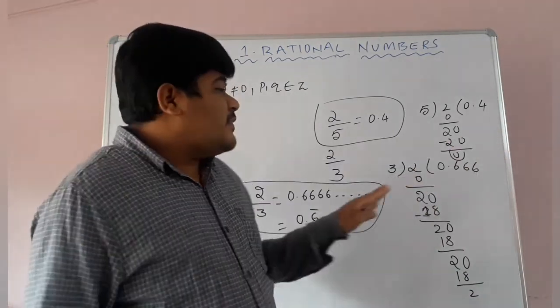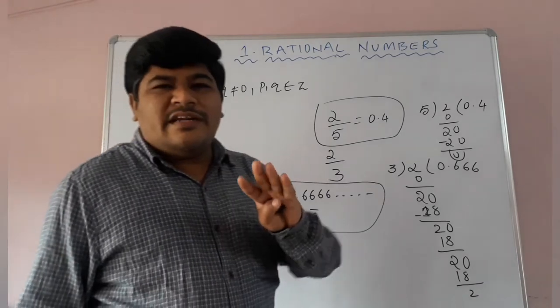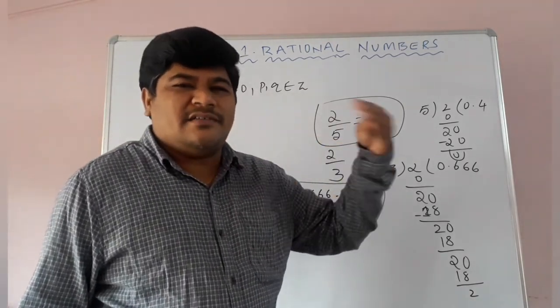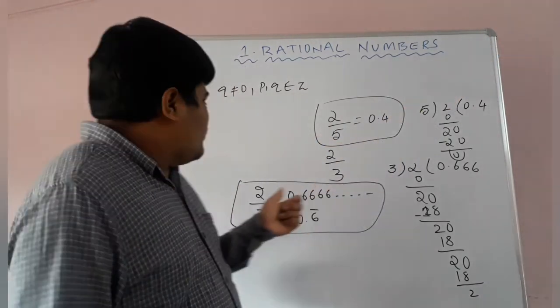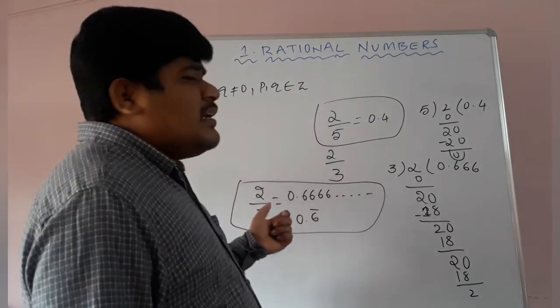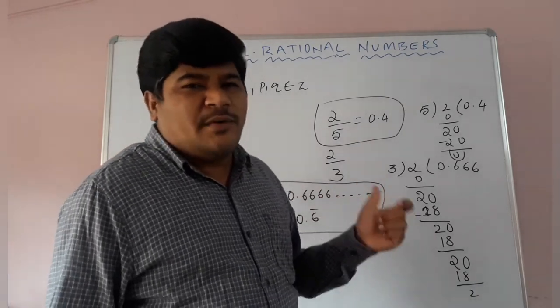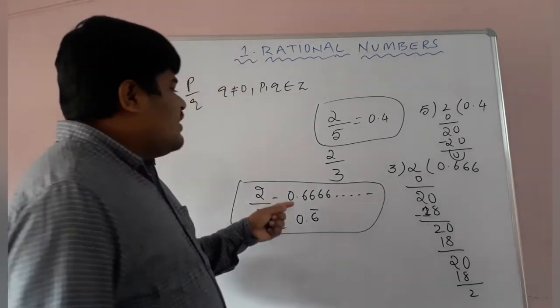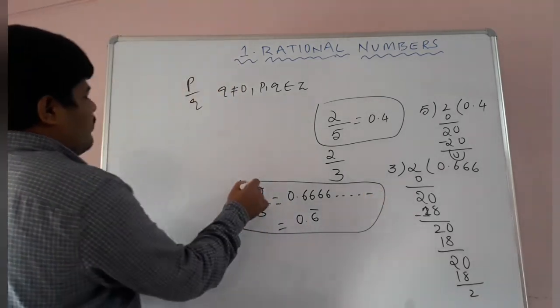0.6666, if you see this, is non-terminating and recurring. 6 is repeatedly coming, 6, 6, 6, 6, and so on. So 2 by 3 can be written as 0.6666 and so on, and shortly as 0.6 bar. This is the non-terminating repeating form.